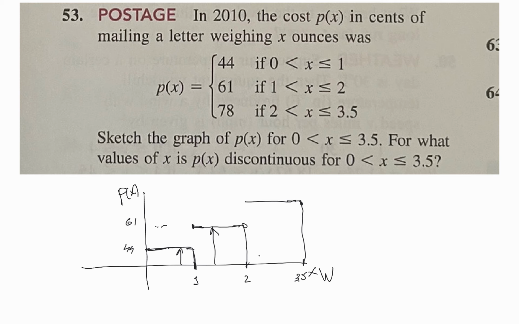So when you approach 2 from the right, the value wants to be 61 ohms. When you approach 2 from the left, the value wants to be 61 ohms. So the function is not continuous at x equal 2.